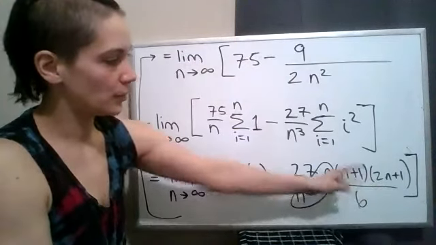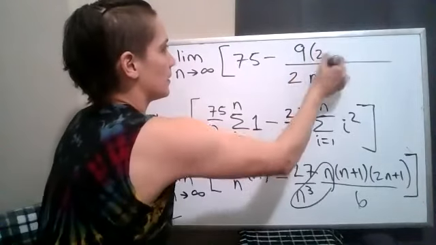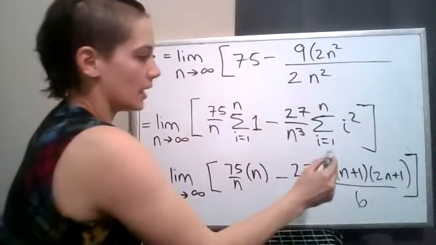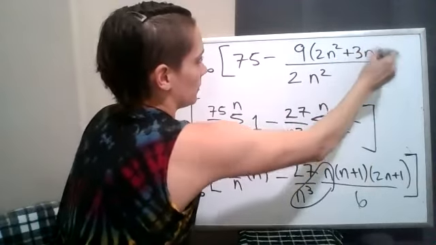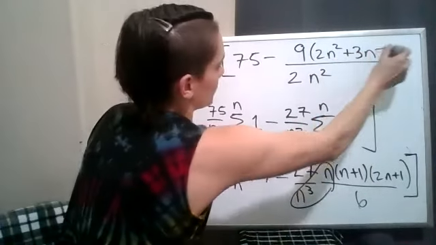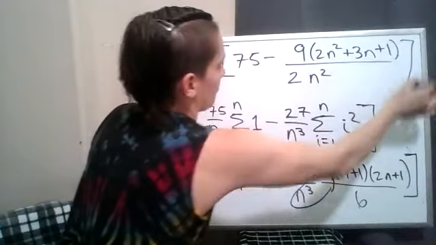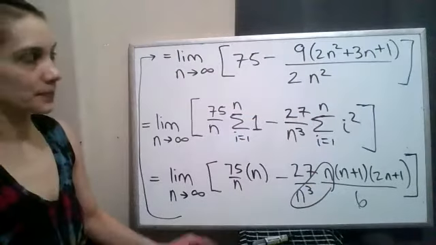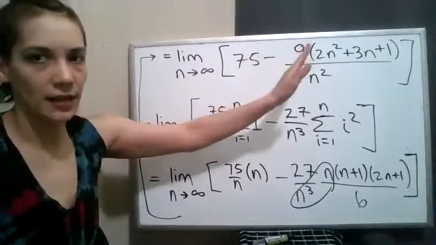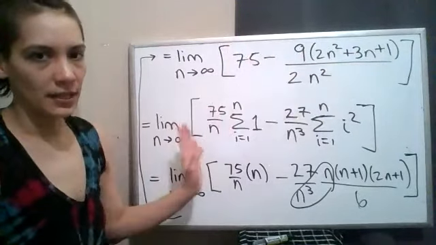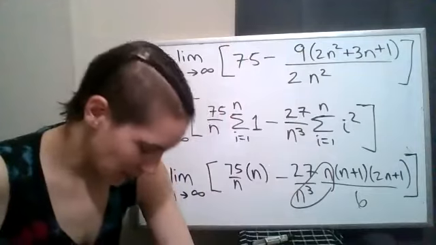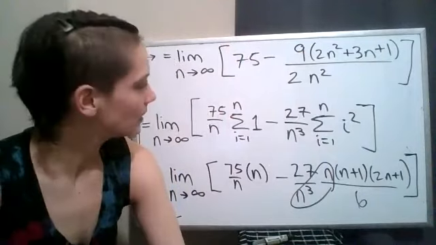So 2n squared, add 3n, plus 1. Okay, so we want to have this split up into 3 terms, and then we'll probably be taking the limit after that.